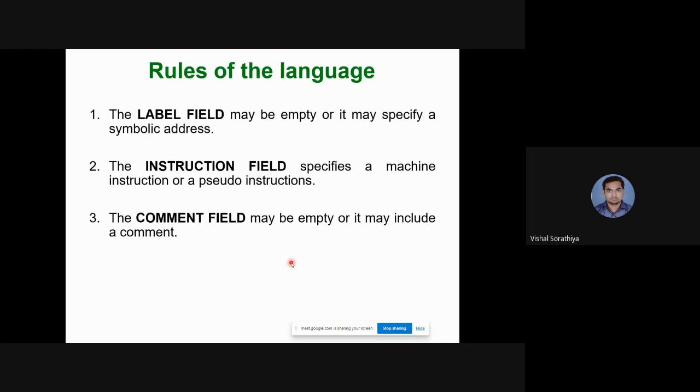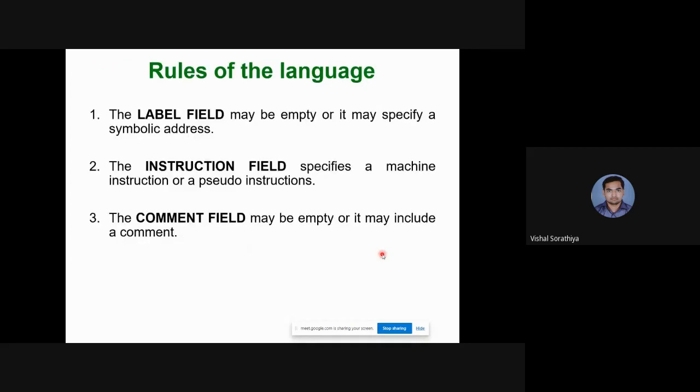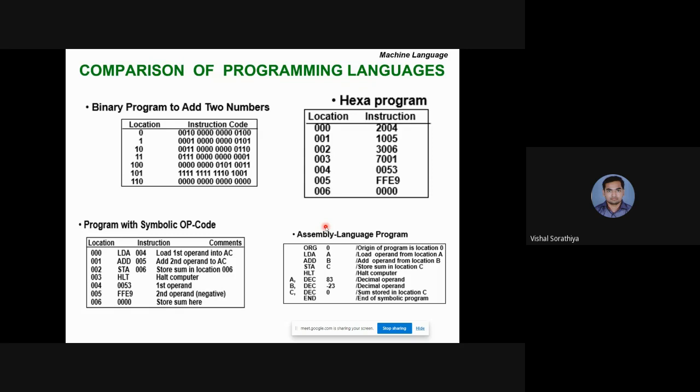So over here there are three things: label, code, and comment. The label is the symbolic address, the address of that label. The instruction specifies the machine instruction or pseudo instruction, what instruction you need to perform, and the comment field is either empty or includes a comment.